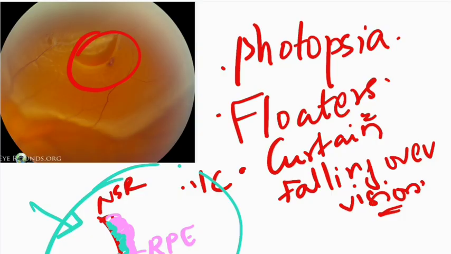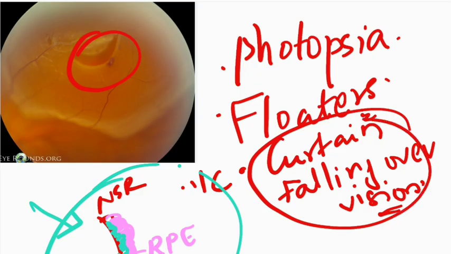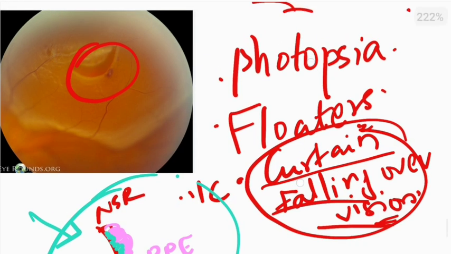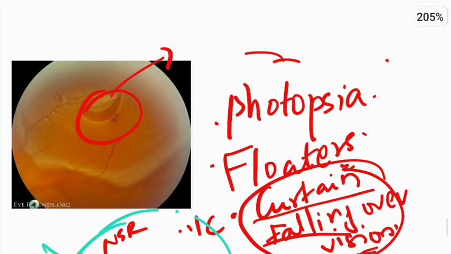So it gives the sensation of a curtain moving across the field of vision and completely losing his vision. Curtain, this is a sign that they are going to give you in your question also. The patient complains of a curtain falling over the vision, such a kind of vision loss. That itself will give you the clue that it is a case of rhegmatogenous RD.